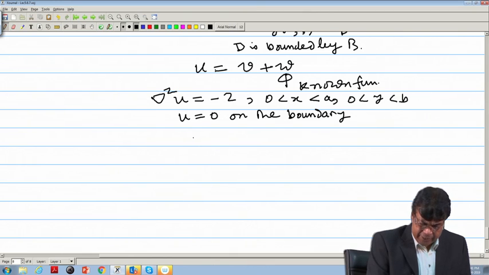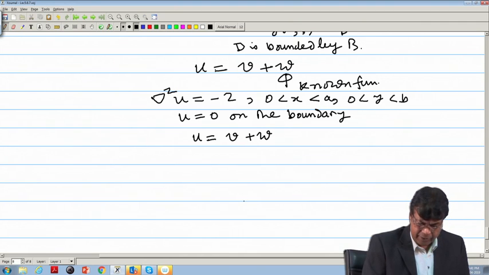Now, if I write u equal to some v plus w, w is to be determined. Now, w should be such that del squared w equal to minus 2, which can be obtained very easily.